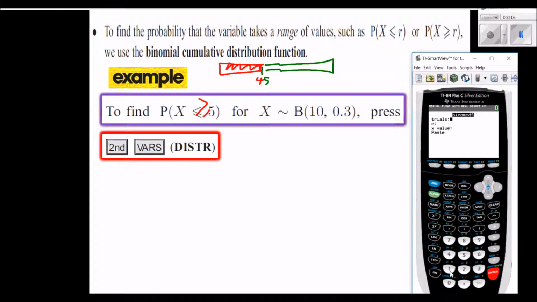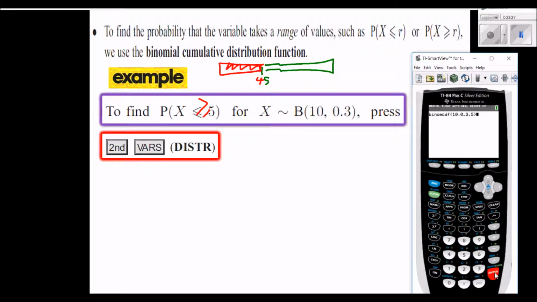Number of trials is still 10. Probability of success is still 0.3. And in terms of the x value, you would just put in 5 in this case, meaning up to 5. Enter.